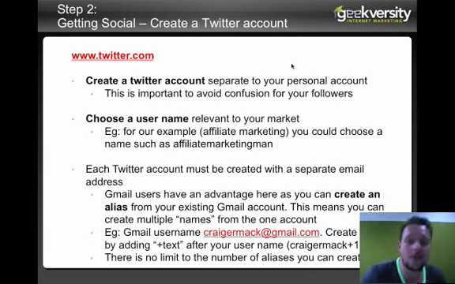Okay. So once we've chosen our username that is relevant, we also will need to create an email account. And you probably already have lots of different email accounts out there. Now, I personally recommend Gmail for many reasons, apart from its ease of use and that it's a great tool, but also you can quickly add aliases. So when you're creating multiple Twitter accounts, as you may well be doing for these different purposes and focuses, using Gmail you can quickly add an alias.